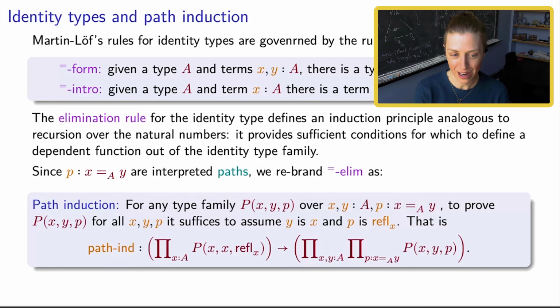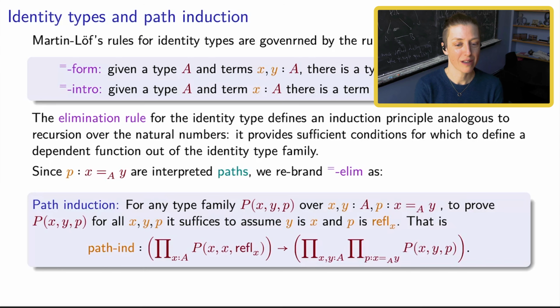So I'm going to rebrand the elimination rule as path induction, and I'll state it for you using my homotopy type theoretic Rosetta Stone, the Curry-Howard Correspondence. So what it says is if I have a family of types P that depends on two terms x, y of type A and a proof little p that x is equal to y, then to prove that P of x, y, p is true, in other words, to find a term belonging to that type for any x, any y, any p, it suffices to do this in the special case where y is x and p is reflexivity.